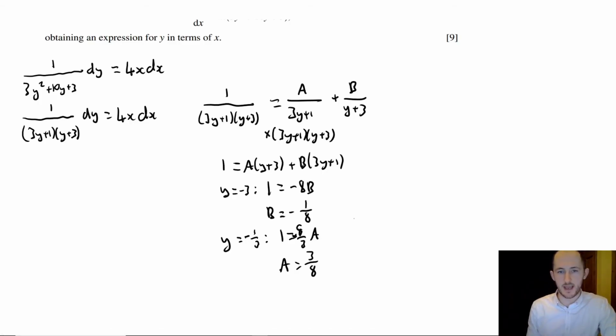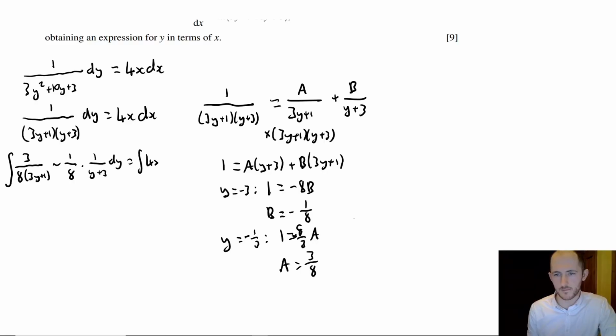And I'm going to have an integral sign as well. So we have a was 3 over 8, 3y plus 1. And technically we should maybe leave them factorized out, but too late. 1 over 1 plus 3x.